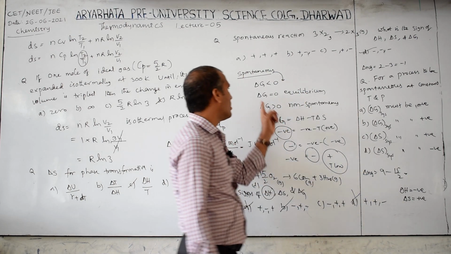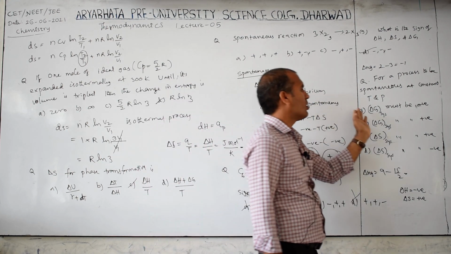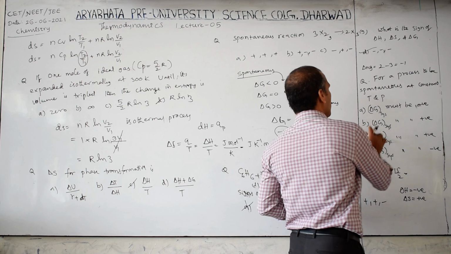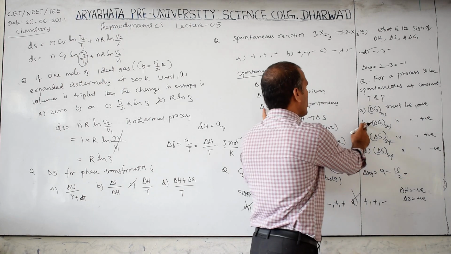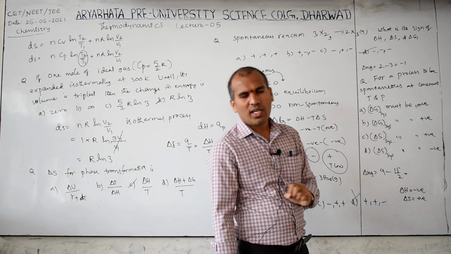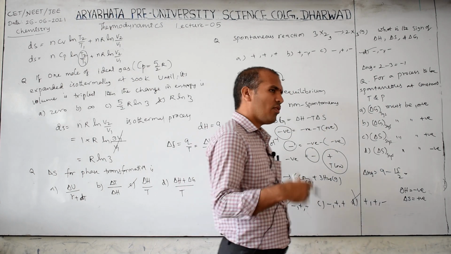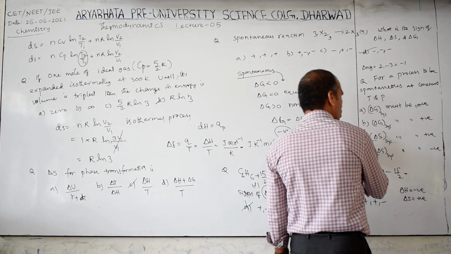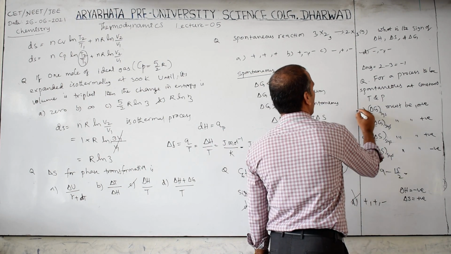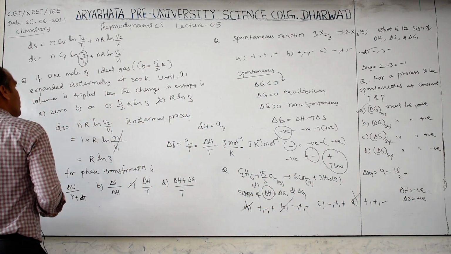Gibbs energy less than 0 is always spontaneous, therefore this must be negative. Here positive is non-spontaneous. Entropy explains only a few reactions, not all, it is not applicable for all cases, so we don't consider it. Therefore option A is correct for a spontaneous reaction. Okay.